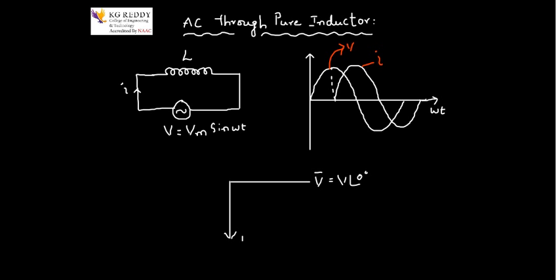It is a pure inductor, that is the reason why current I lags the voltage by 90 degrees. This is the basic circuit diagram, this is the waveform, and this is the phasor diagram of an inductor connected to an AC source.